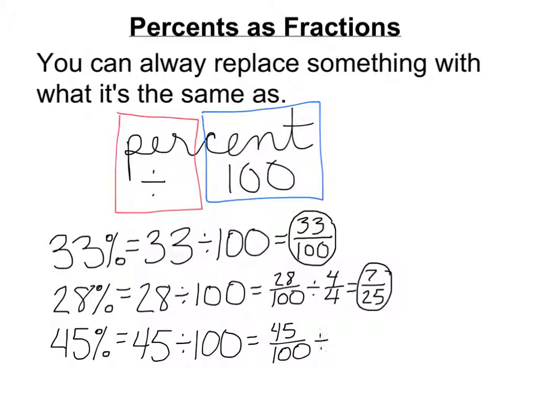This can obviously be reduced by 5 over 5, which then gives me 9 over 20. This cannot be reduced by 2. It can't reduce by 5, so therefore I'm done. 45% is 9/20. Moving on in 3, 2, 1.